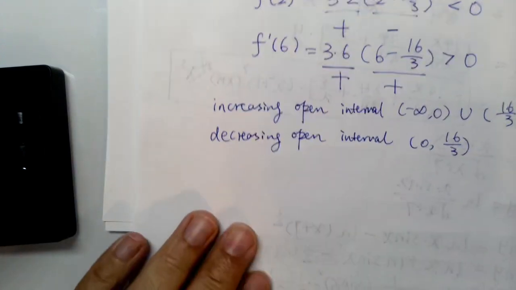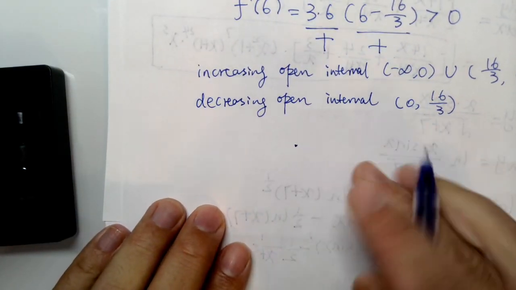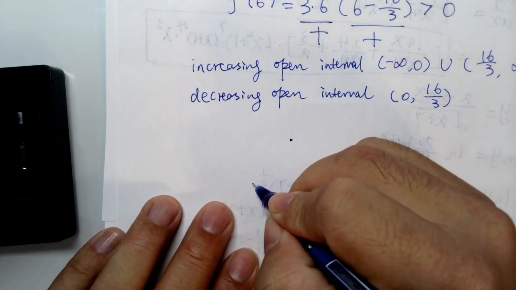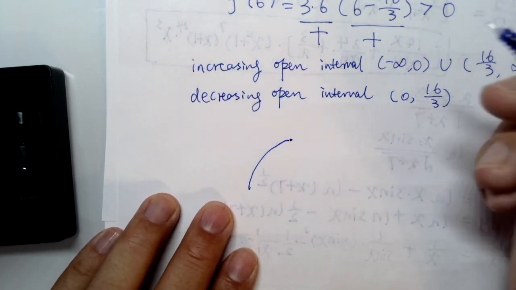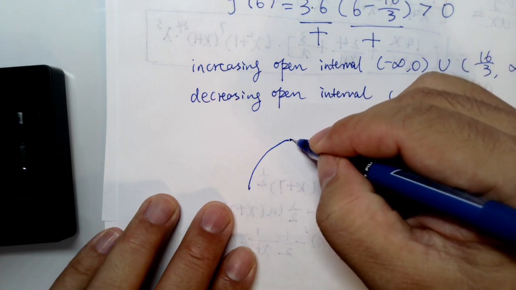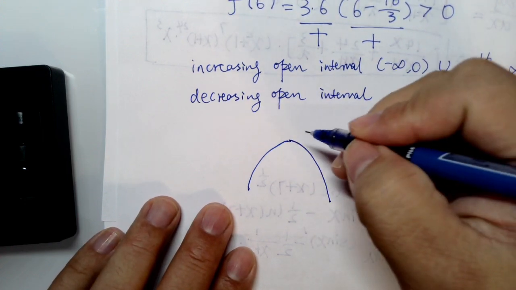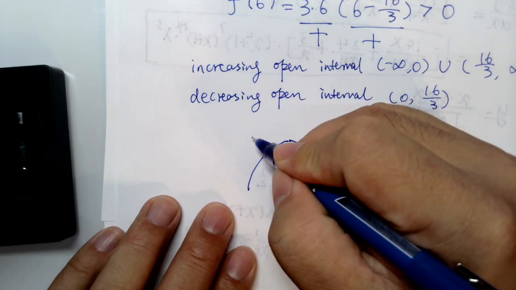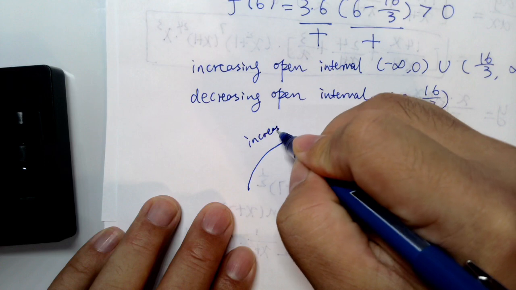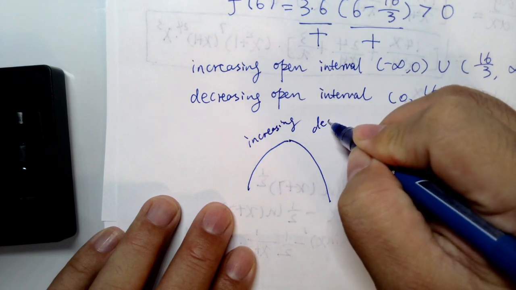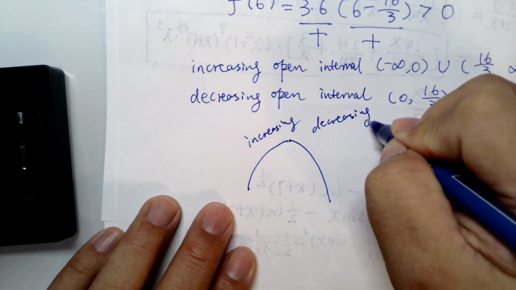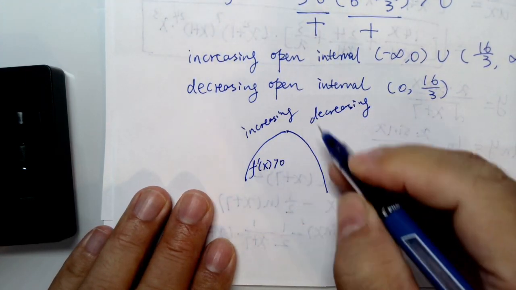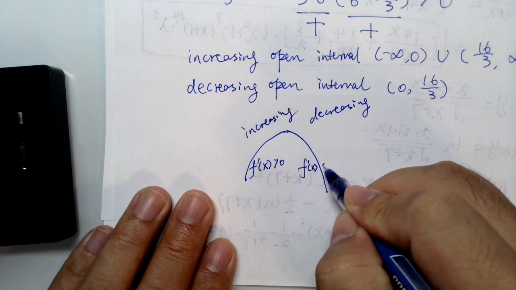So you can think about this: around the two sides of a critical point, if on the left-hand side your function is increasing, and then while passing that critical point your function is decreasing, so in this place you have increasing on the left and then decreasing on the right. That means if it's increasing, the derivative is greater than 0, and if it's decreasing, the derivative is less than 0.